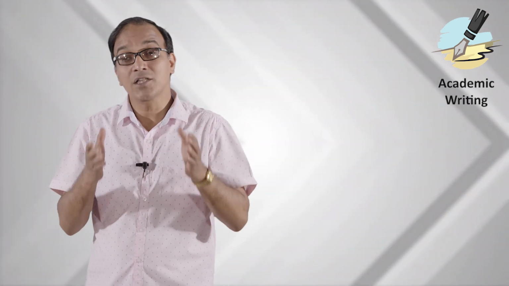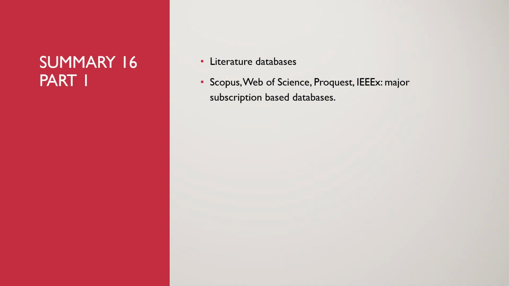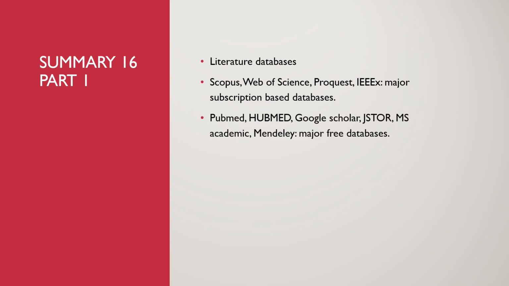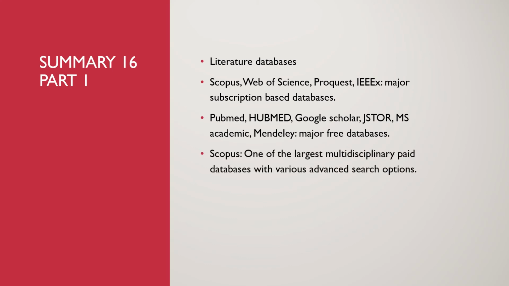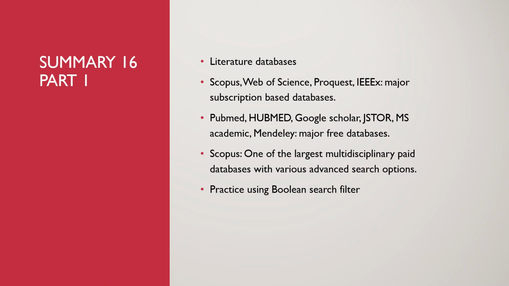Literature databases are the source of huge information for the literature review on a single platform. These databases may be subscription based or free. Among the subscription databases, Scopus, Web of Science, Social Science Index, EBSCOhost, ProQuest, IEEE Xplore are some of the major databases, which are either multidisciplinary or addressing some specific subjects.